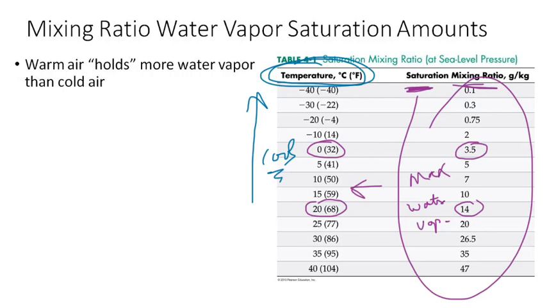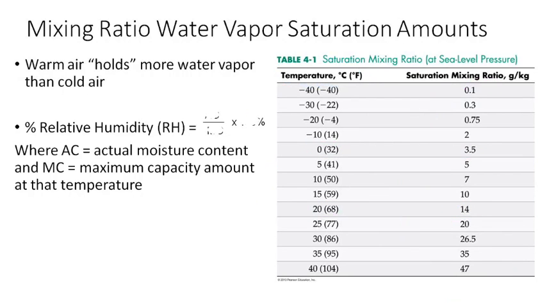All right, so we end up being able to measure something called relative humidity. Relative humidity is a ratio, two numbers, and in the top number we put what the air actually has, and in the bottom number we put the maximum, the saturation amount at that temperature.